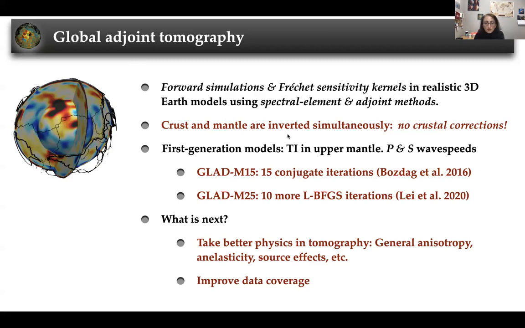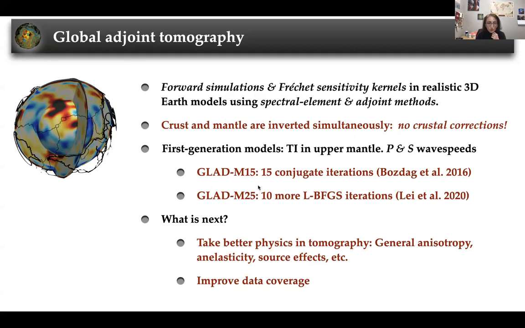And the crust and mantle are inverted simultaneously, so we can avoid crustal corrections. Using this technique, we constructed the first generation models with transverse isotropy in the mantle. These are P and S wave speed models.